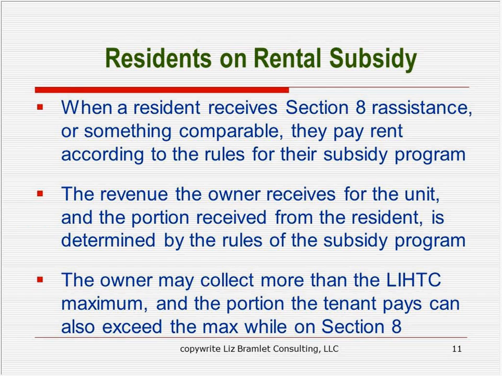That gives us the opportunity to collect some extra rent. When you have a Section 8 tenant, the total you receive for the unit can exceed the maximum tax credit rent, and you can still get the tax credit for the unit. And it's also possible, based on the rules for how the tenant rent is calculated in Section 8, that tenants can pay more than the maximum tax credit rent, so long as you continue to receive a rental subsidy payment on their behalf.